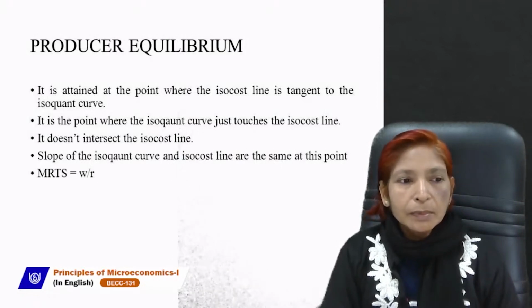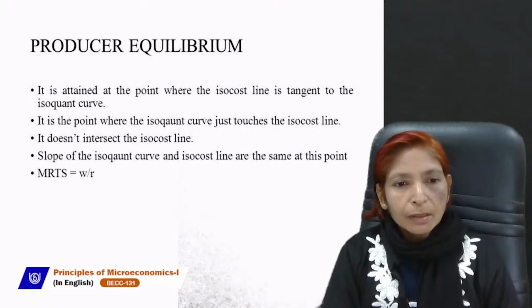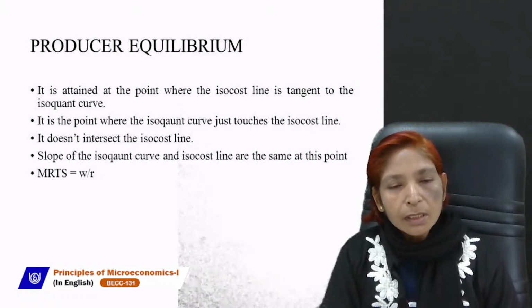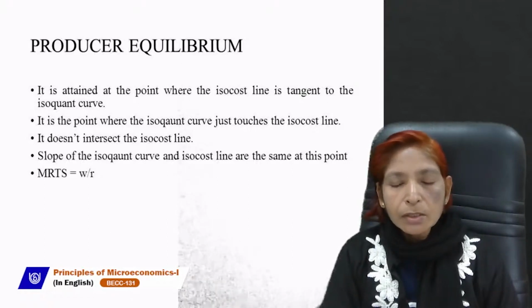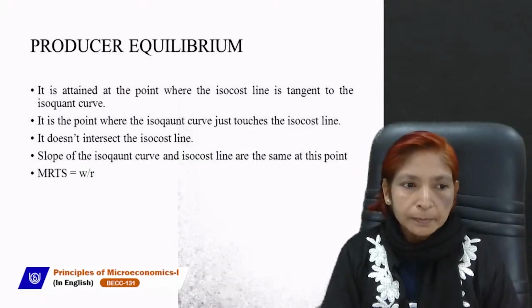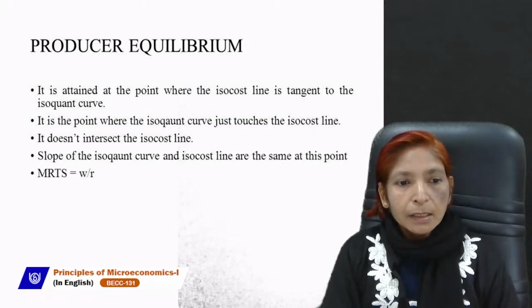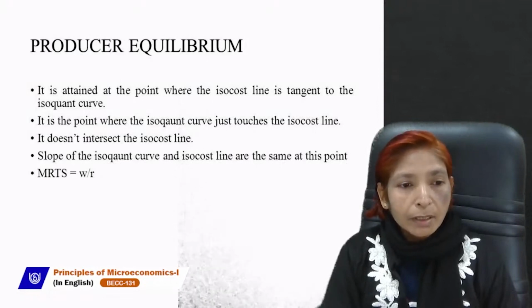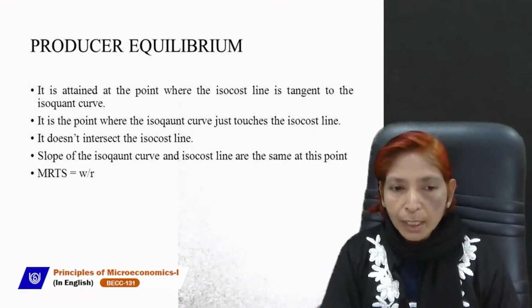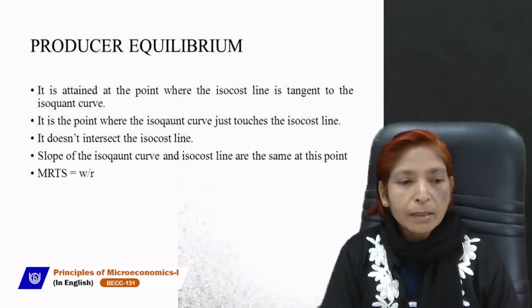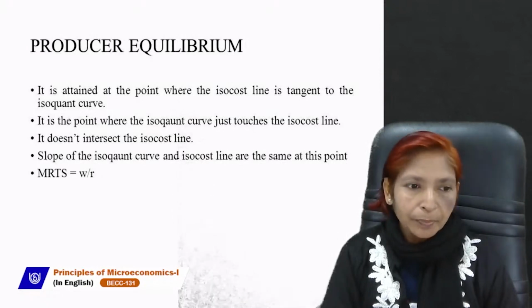Producer equilibrium is the point where the isoquant curve just touches the iso cost line. But you must remember that the isoquant curve never intersects the iso cost line. If the isoquant curve intersects the iso cost line, then the producer will not be in equilibrium position.